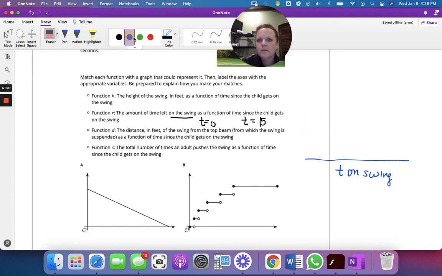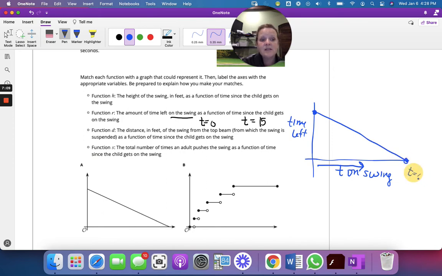Oops, lost the vertical axis. So time left on swing. Well, when she gets on the swing, she has all the time left. And as the time she spends on the swing increases, the time she has left on the swing goes to 0, until the time left on the swing is 0 and the time she's been on the swing is maximum. Okay, so that's definitely R.